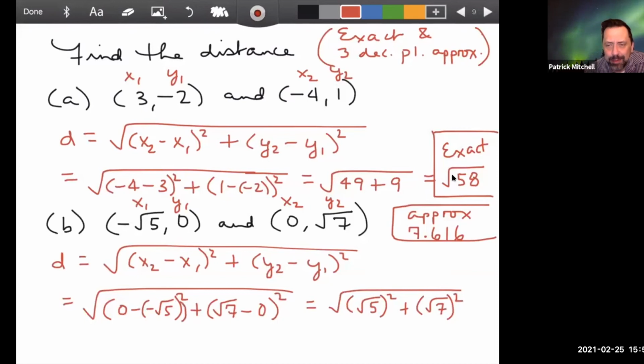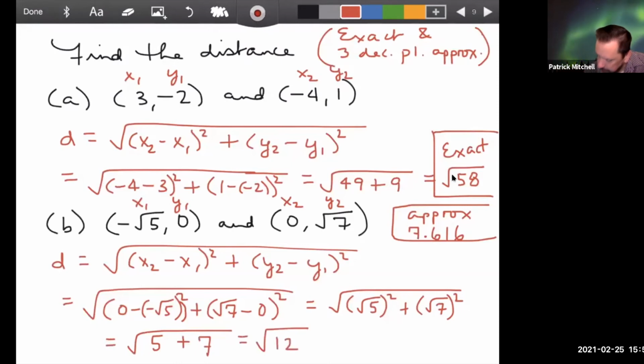Okay, so they rigged this problem to do something special. The square root of 5 squared is 5, isn't it? And the square root of 7 squared is 7. 5 plus 7 is 12. Now, whenever possible, you want to simplify these radicals before you give your exact answer.